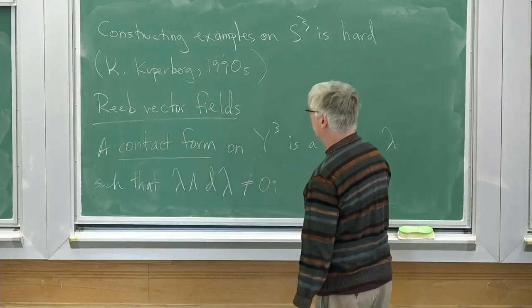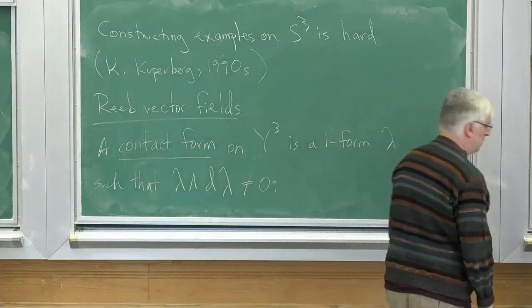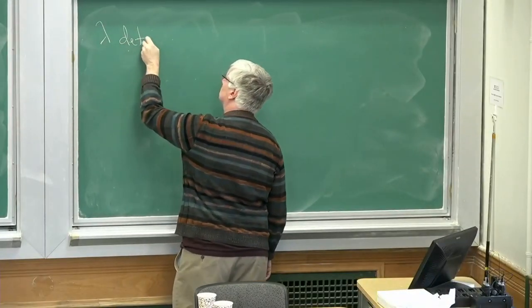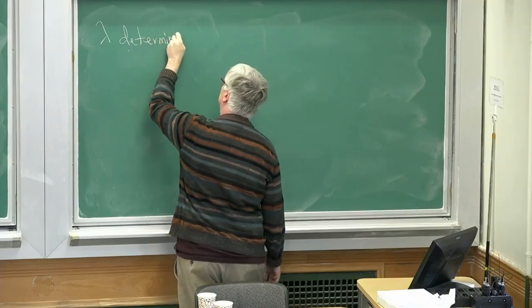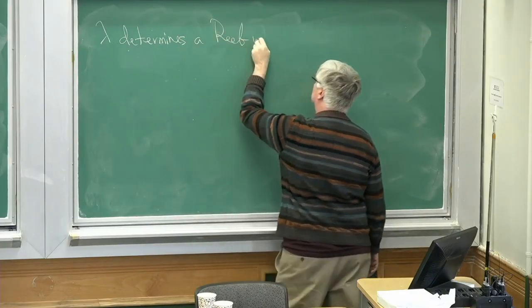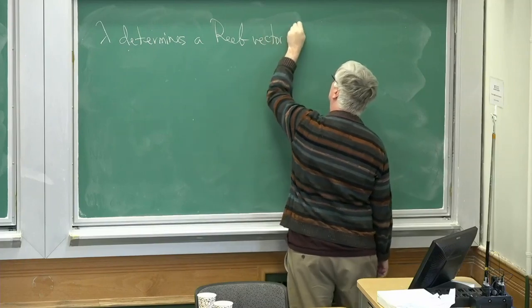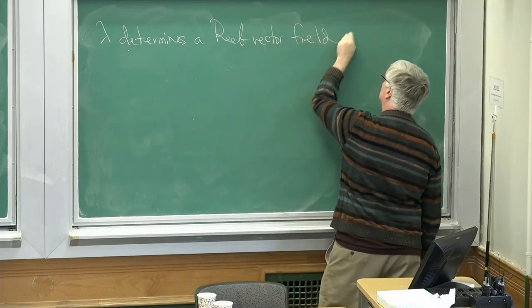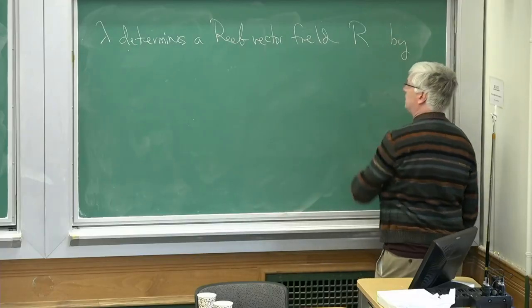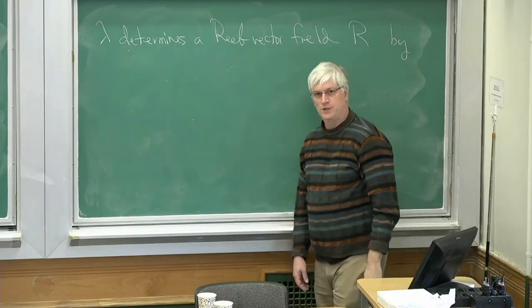If you've never seen this before, I'll give you examples in a minute. And then lambda determines the Reeb vector field R, and it's characterized by two equations.